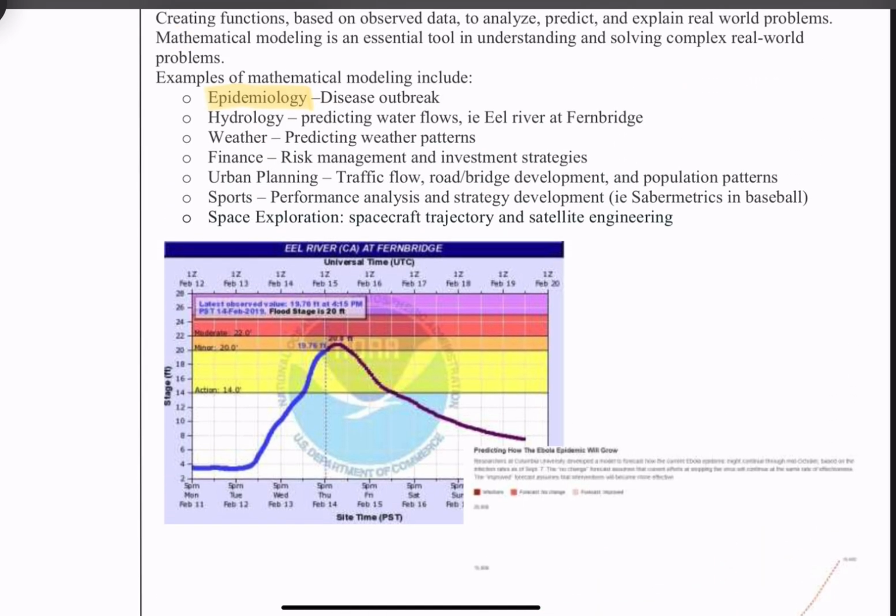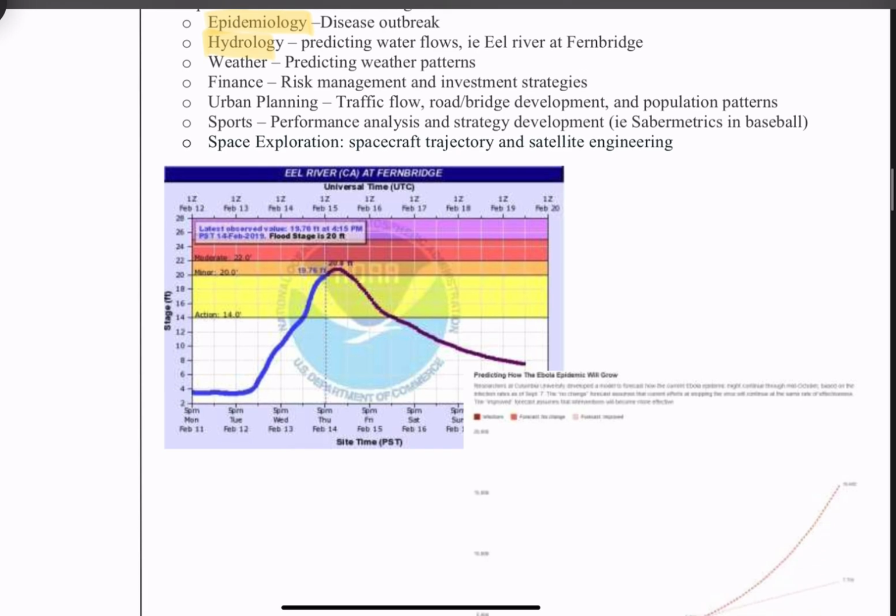I also included a graph of hydrology, so predicting water flows like in the Eel River at Fernbridge. We pay really close attention to this pretty much every winter, right? We're wondering, hey, is the Eel River going to flood at Fernbridge? Now notice the graph here.